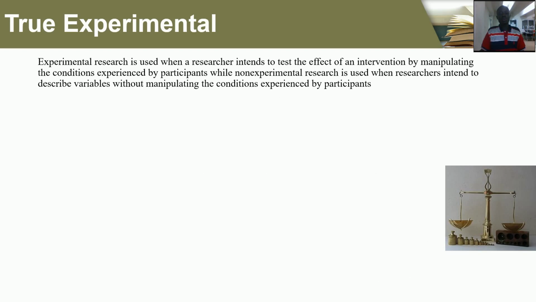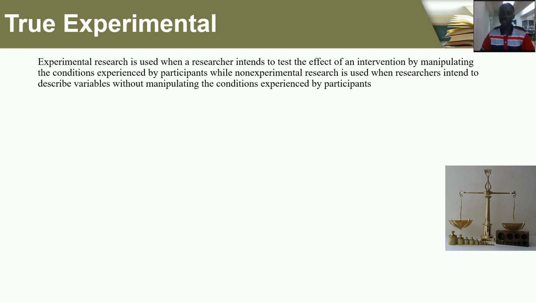When you talk about experimental research design, we say that it is used when a researcher intends to test the effects of an intervention by manipulating the condition experienced by participants, while non-experimental research design is used when researchers intend to describe variables without manipulating the condition experienced by participants.